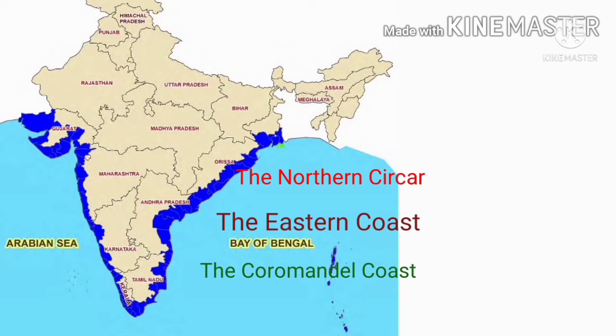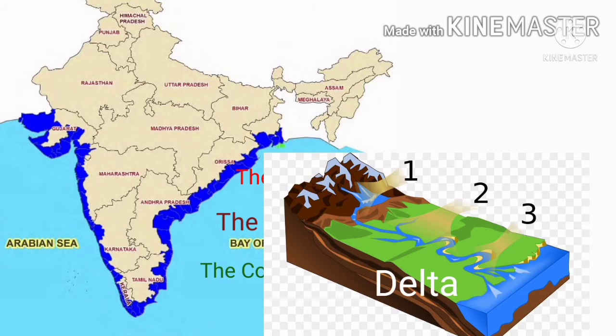Large rivers such as the Mahanadi, the Godavari, the Krishna and the Kaveri have formed extensive delta on this coast. What is delta? It is a triangular landmass created by the deposition of sediments where a river split and spread out into several branches before entering the sea.